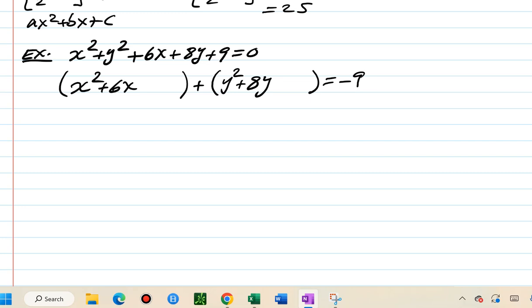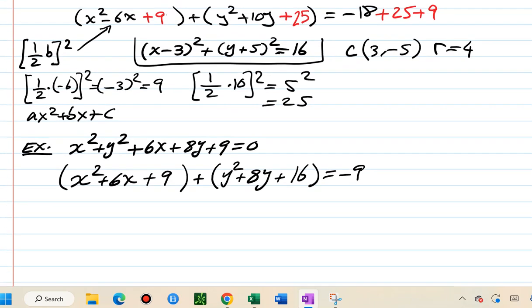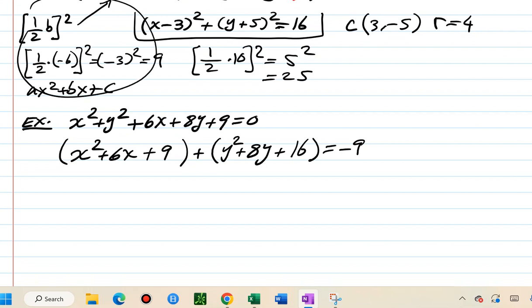So what do we need to add? I need to add half of 6 squared, which is 9, and half of 8, 4 squared, which is 16, to both sides, without putting in the details like I did up here. This is the part I'm skipping over.